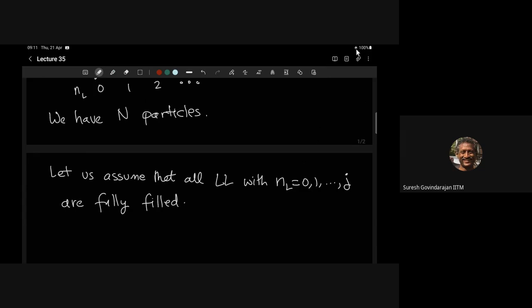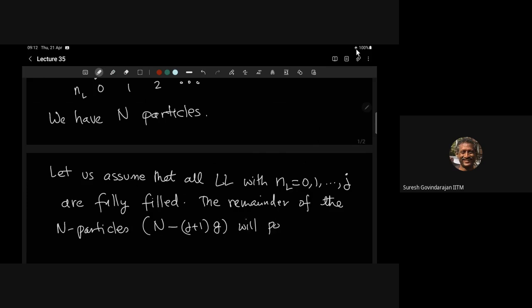That means J plus 1 of these Landau levels are fully filled, and the remainder of the N particles, which is N minus (J plus 1) times G, will populate the n_L equal to J plus 1 energy level.